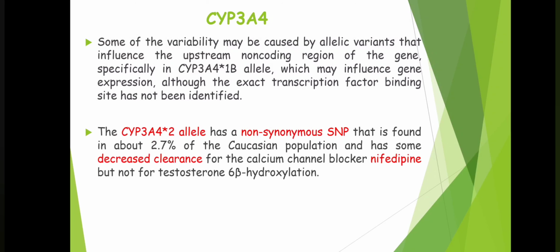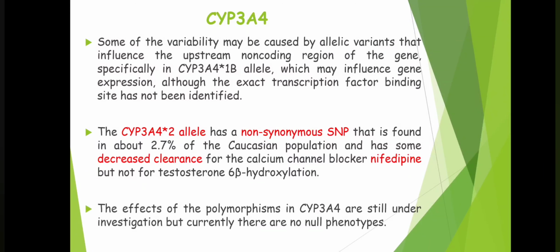The CYP3A4*2 allele has a non-synonymous SNP that is found in about 2.7% of the Caucasian population and has some decreased clearance for the calcium channel blocker nifedipine but not for testosterone 6-beta hydroxylation. The effects of the polymorphisms in CYP3A4 are still under investigation, but currently there are no null phenotypes.